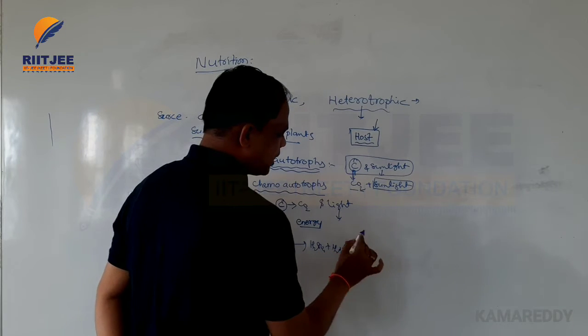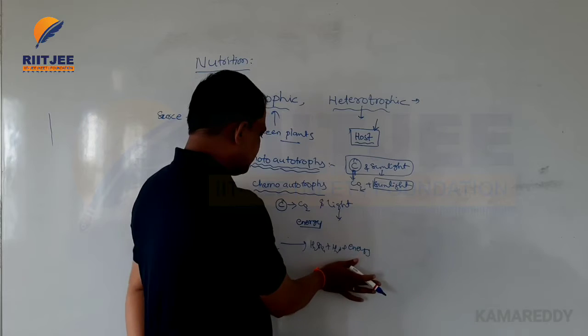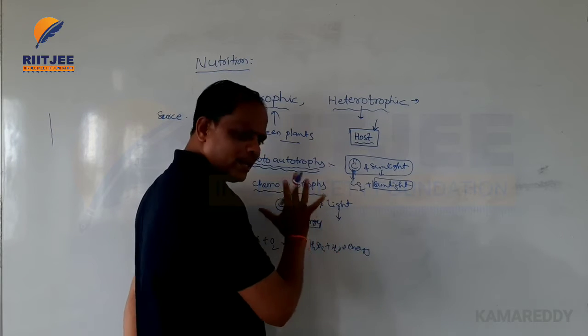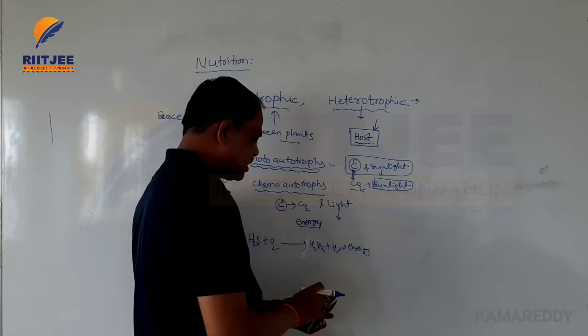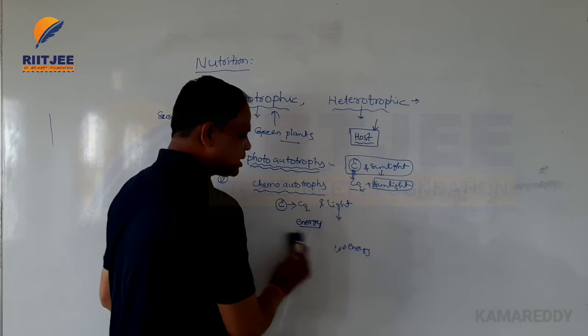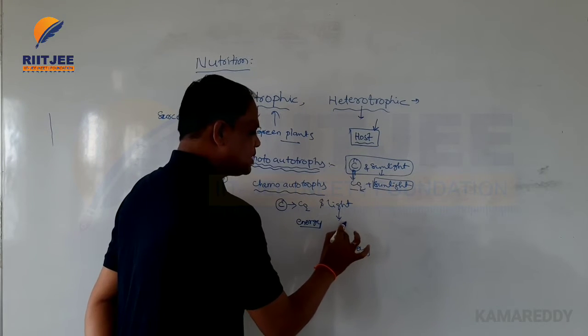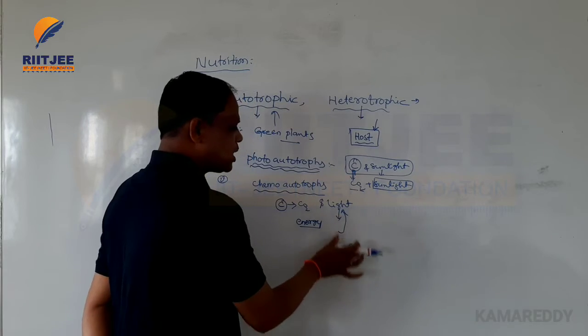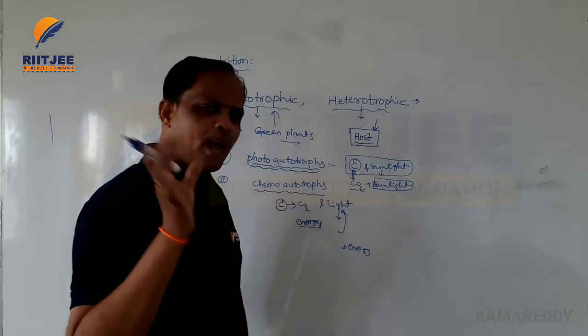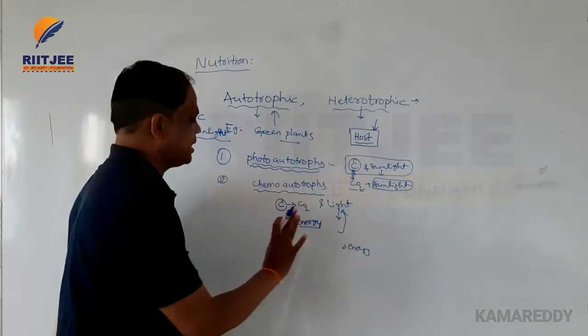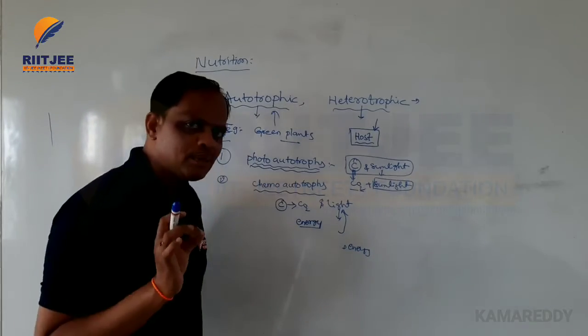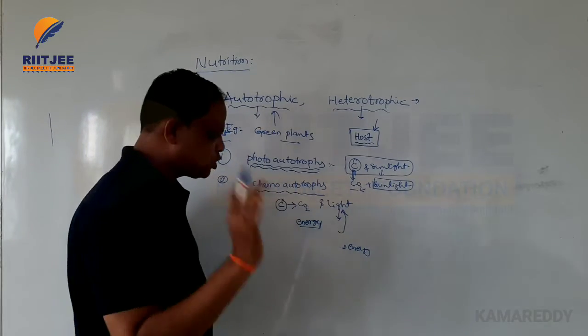In these oxidizing reactions, energy is released. Organisms utilize this energy to manufacture food materials. Such organisms are called chemoautotrophs.